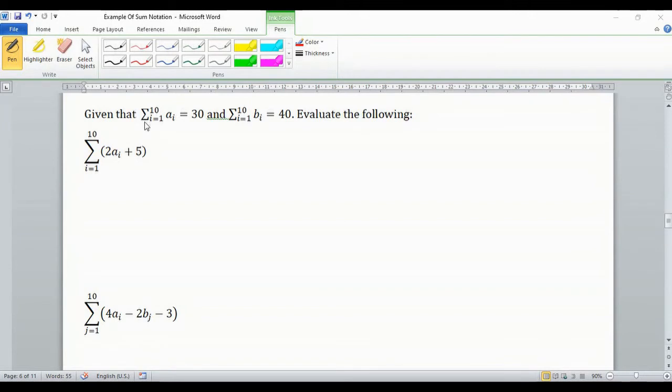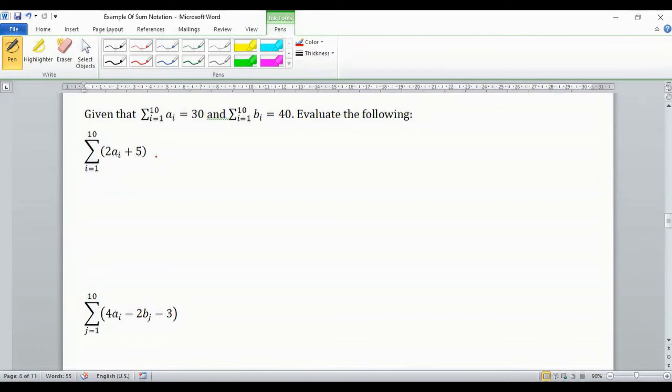Given that sigma i equals 1 until 10 of a_i equals 30 and sigma i equals 1 until 10 of b_i equals 40, evaluate the following. Sigma i equals 1 until 10 of 2a_i plus 5.